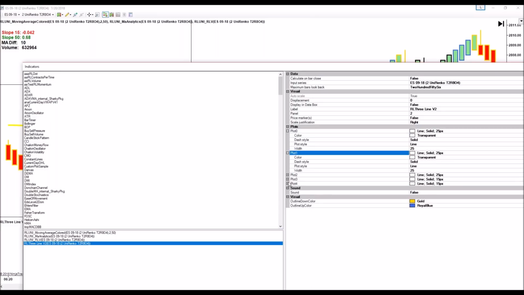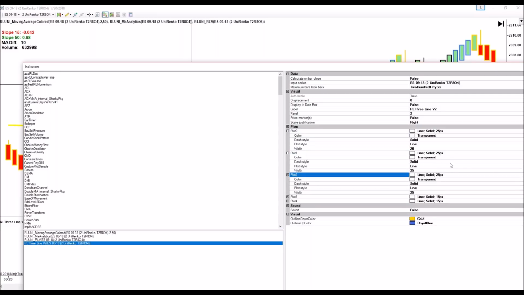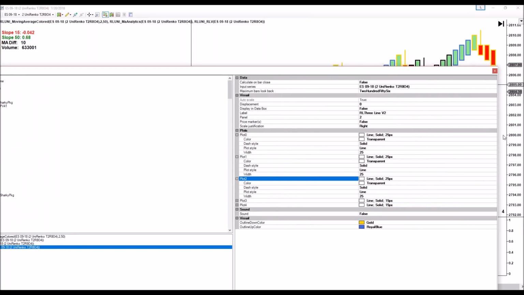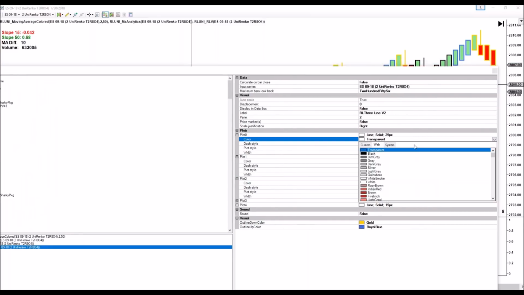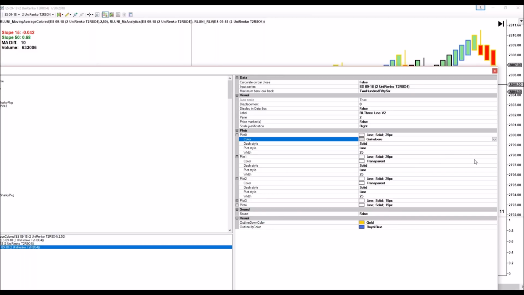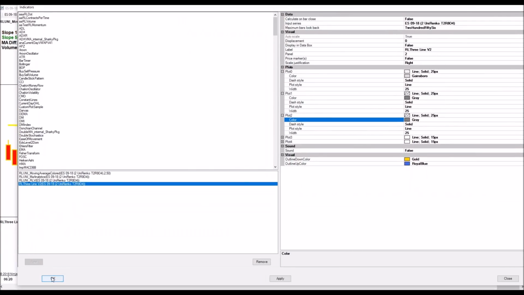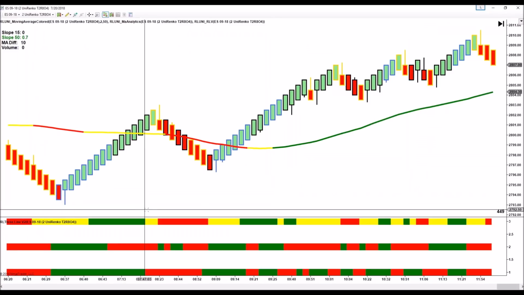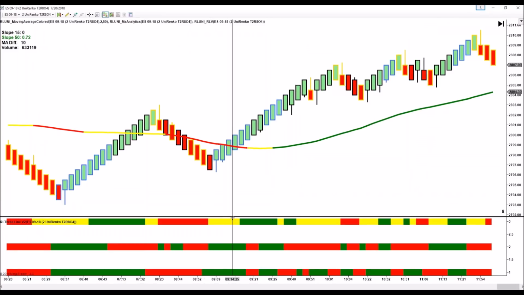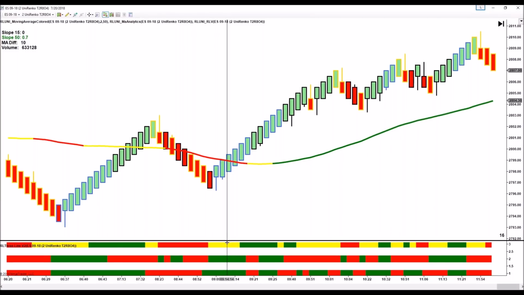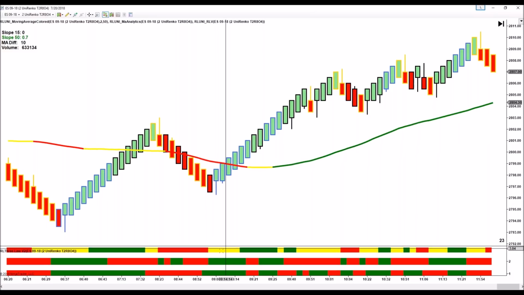I'm going to show you a little bit of nuance on it that I think would be nice for you to know, since we're doing a review. It doesn't matter what colors you put in, as long as it's not transparent, you're going to see it. So there's the 3 line. Now, what you're going to do is you're going to see this.